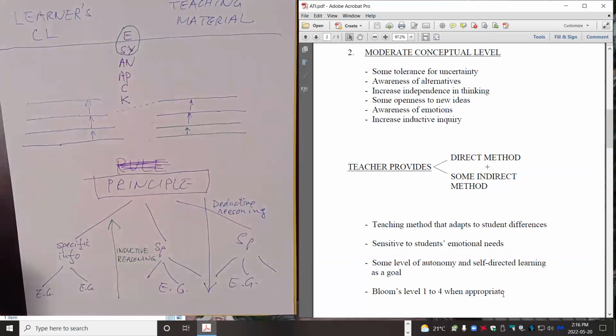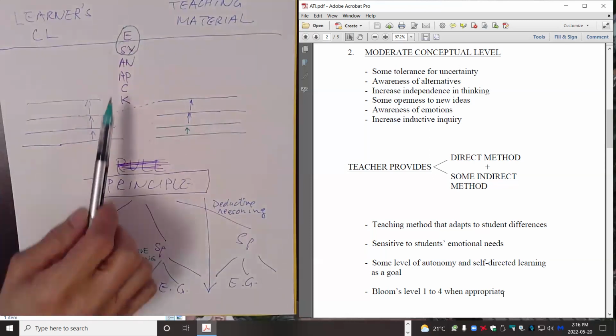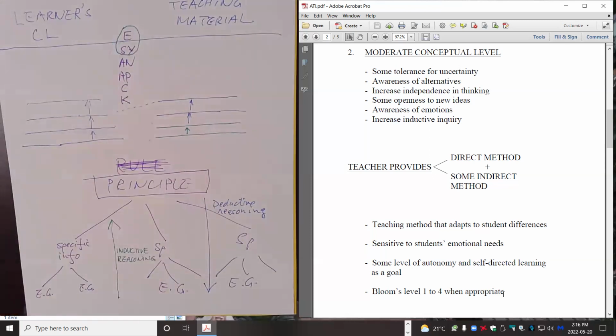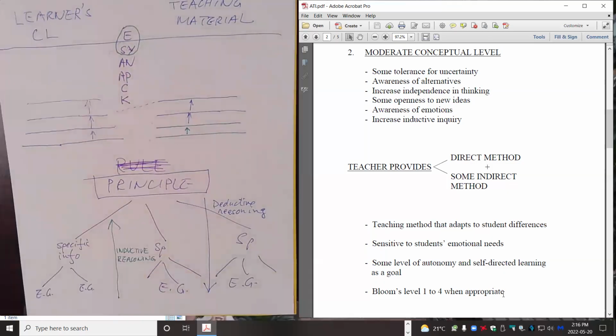But this is Bloom's taxonomy of educational objectives. So memorize this, it will help you a lot. So Bloom's levels 1 to 4 when appropriate.